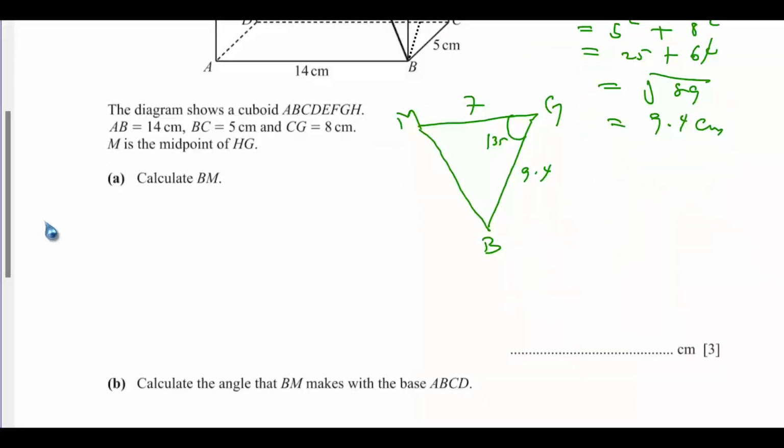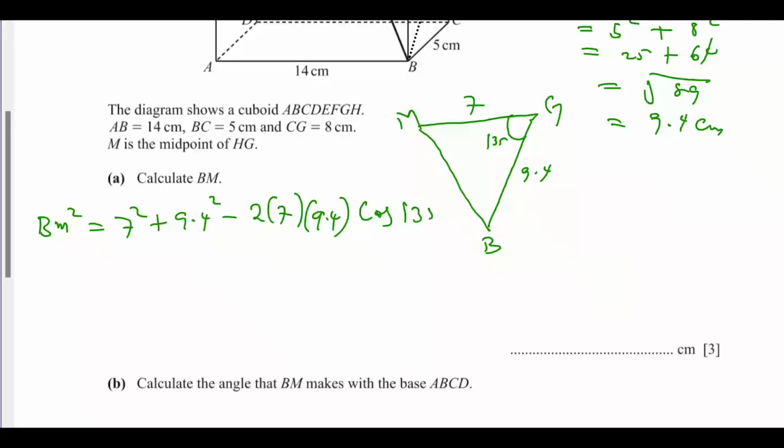If you use cosine rule, we're going to have BM squared equals 7 squared plus 9.4 squared minus 2 into 7 into 9.4 into cos 135.